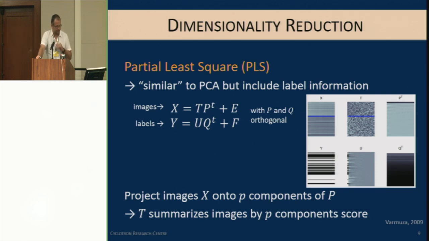And again, instead of having thousands of voxels, you want to limit yourself to a limited number of components. This way you would again be summarizing your thousands of voxel values by just a few numbers.